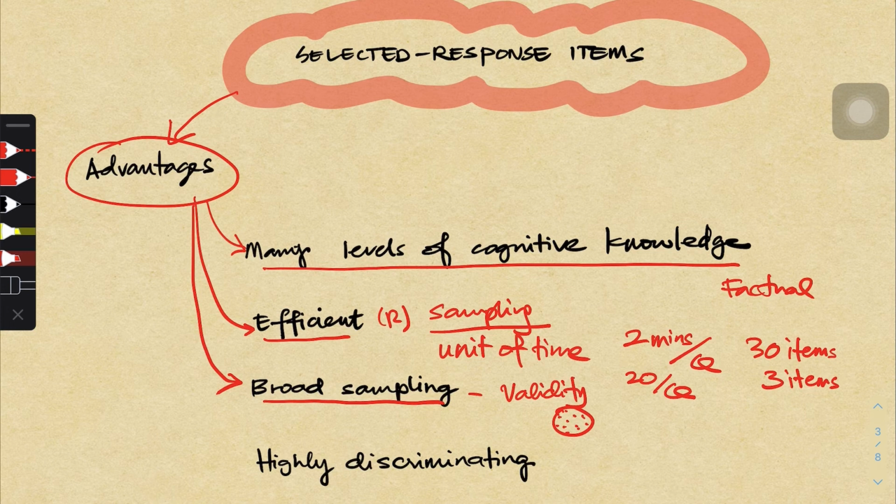You can sample equally the content areas using a selected response as well as a constructed response, but of course if you want to sample using an essay all the areas sampled by the MCQ, you might need a lot of hours to cover all those, which might not be feasible.